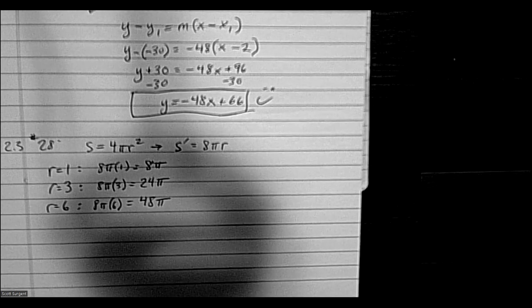I'm going to go back to the question real quick. I'm a little confused on something here. It says with respect to its radius, and then it says in square inches per second. So there's a little units disagreement here. That's what's confusing me.